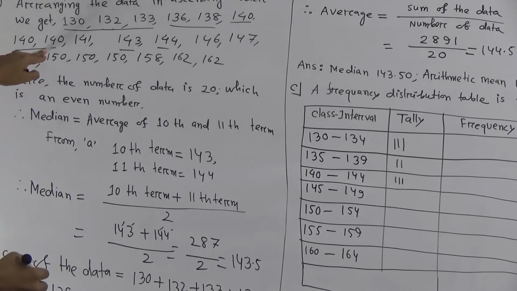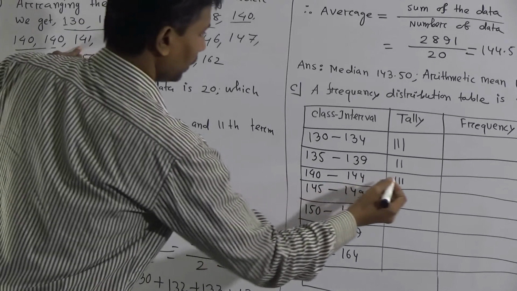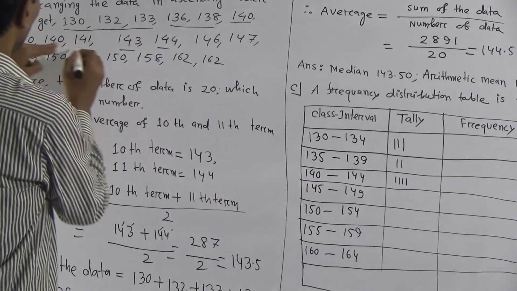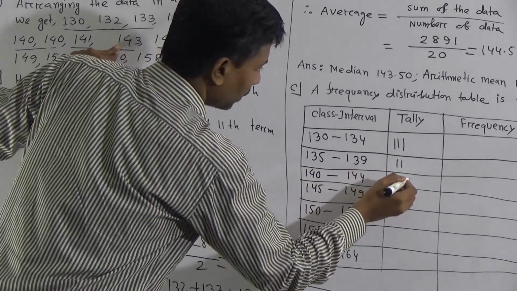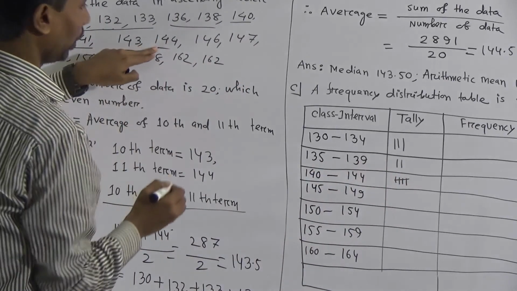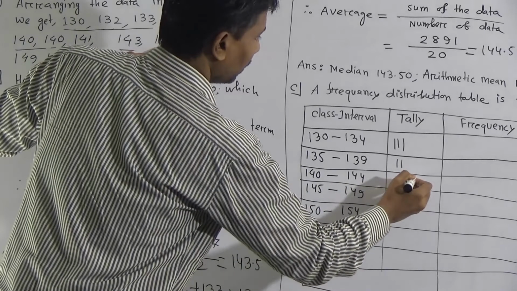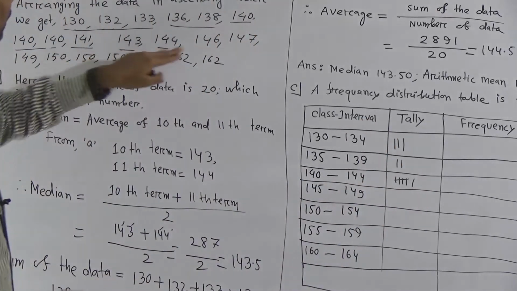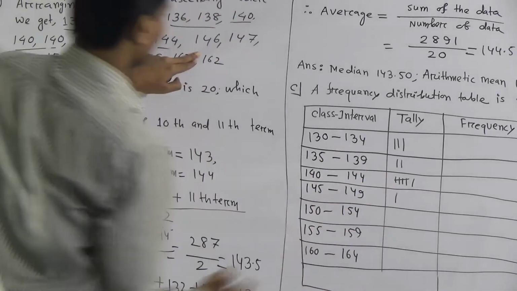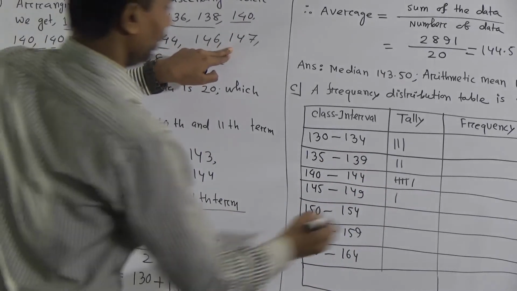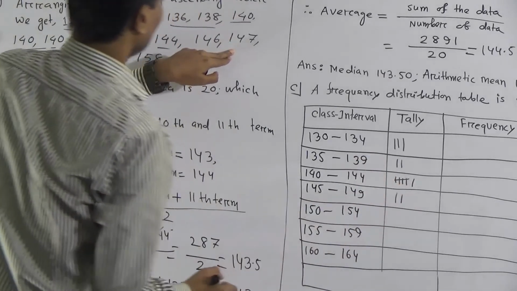Okay, that means we got 140 three times. Then see 141, 141. Then 143 here. Then 140 where? Here. Then 146 where? Here. Then 147 here.